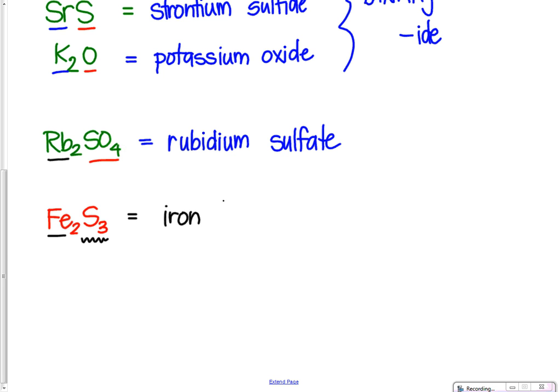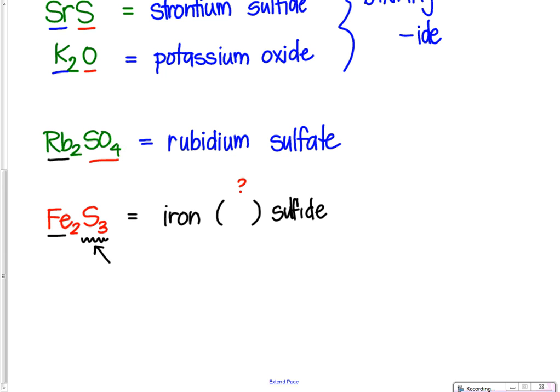So we're going to use a Roman numeral to indicate the charge. That Roman numeral gets written in parentheses. So I'm going to draw the parentheses there just to remind me to go back and figure that out. Now this S is a single element, so I'm going to just say sulfide. And now my job is to work backwards to figure out what the charge on the iron is.